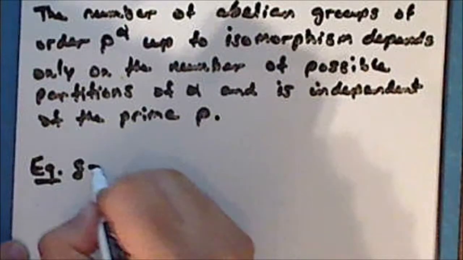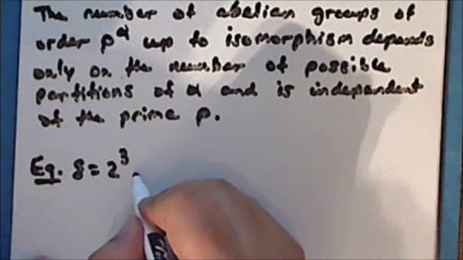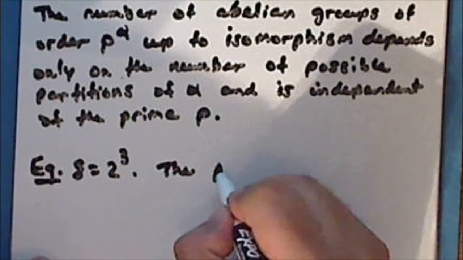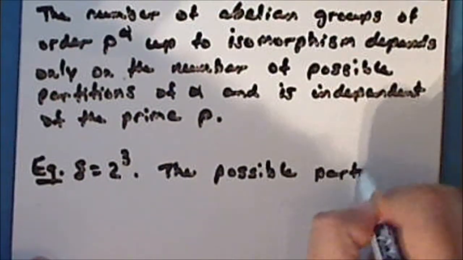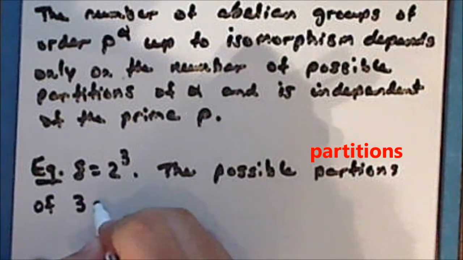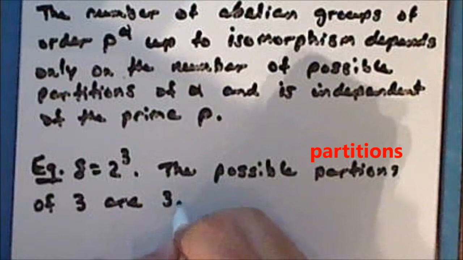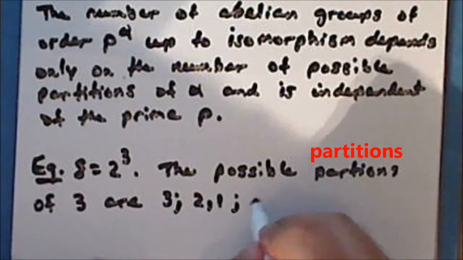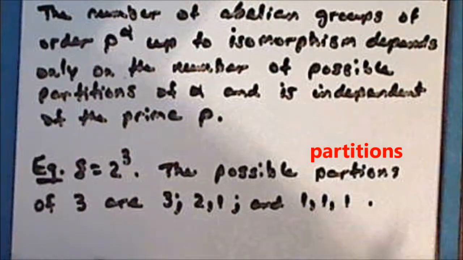For example, 8 is the prime 2 to the power of 3. The possible partitions of the power 3 are 3, 2 and 1, and 1, 1 and 1.